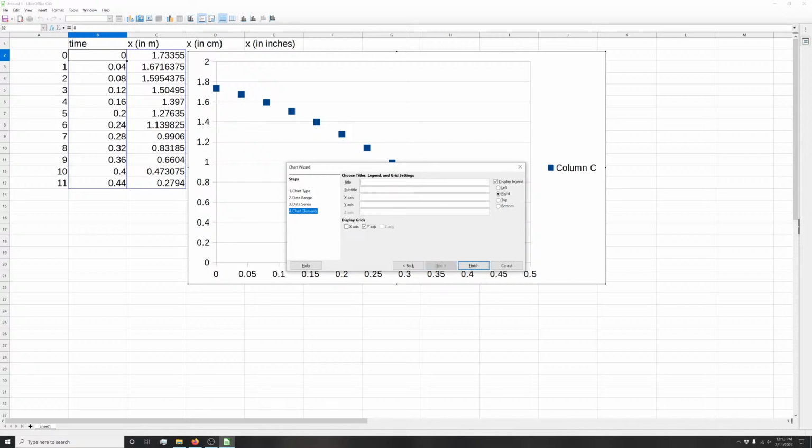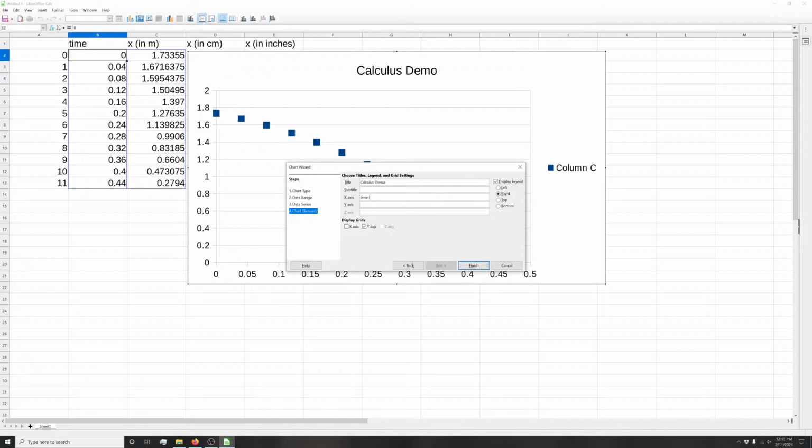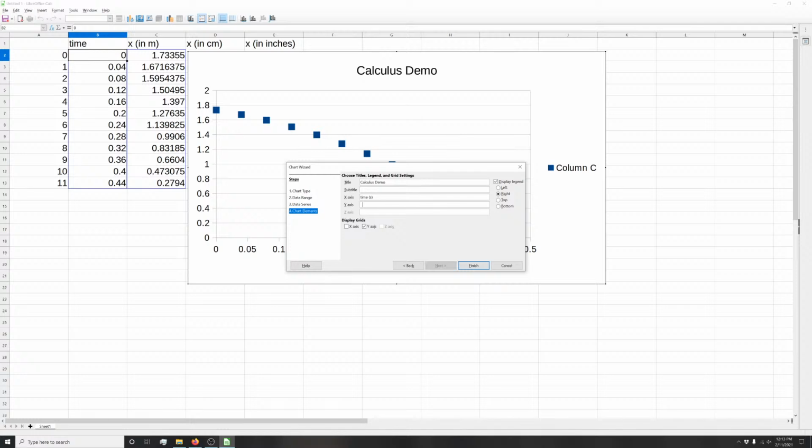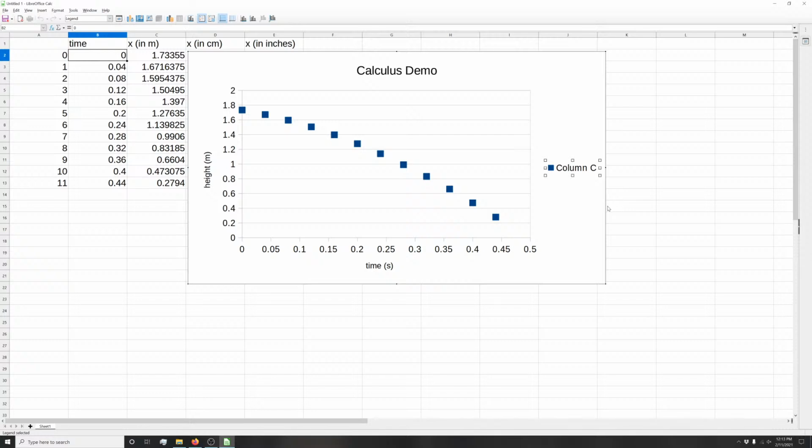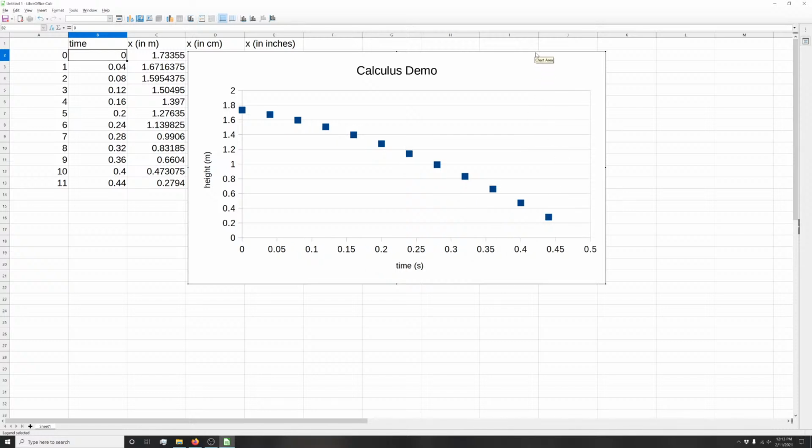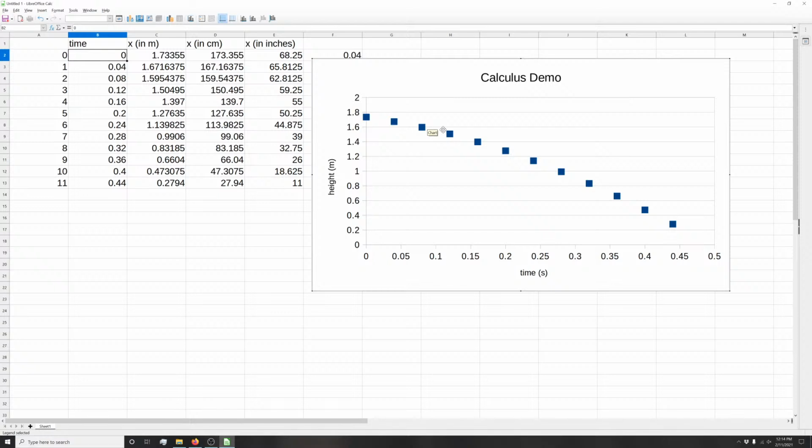So this is a calculus demo, and along the x-axis this is time in seconds, this is height in meters, and I don't think we need to know the column C. So I made a little chart here, and you can see it's kind of got that nice arch to it.